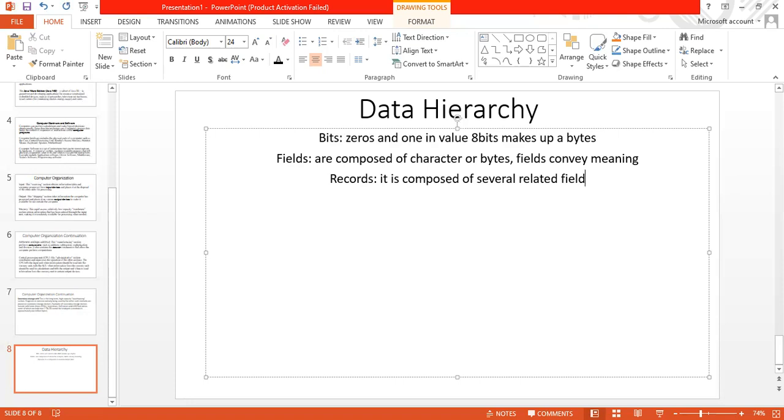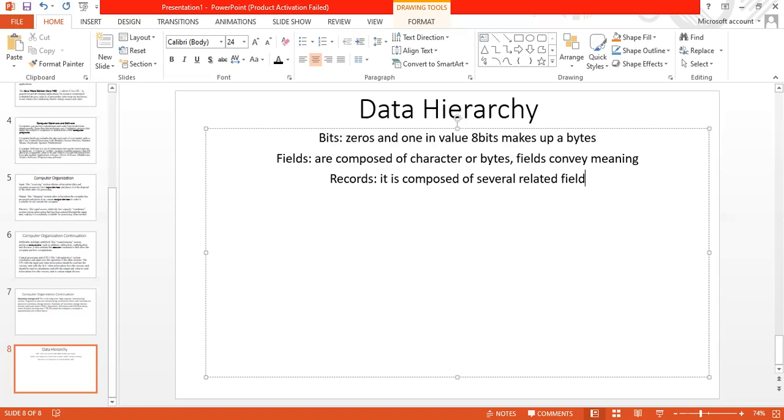And we have the field, which is composed of characters. I've explained what a character means, like a single alphabet, like A. But a field, the combination of all these alphabets, makes a meaning. So that is a field. And a record is composed of several related fields.